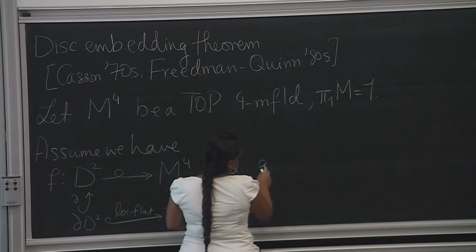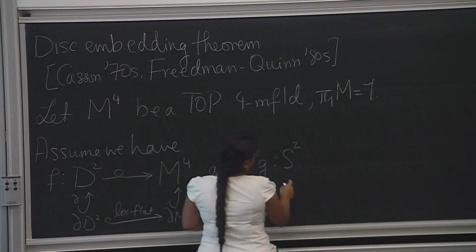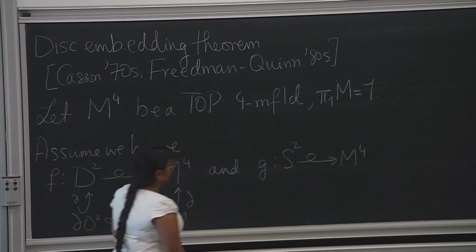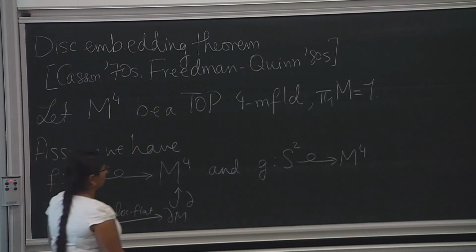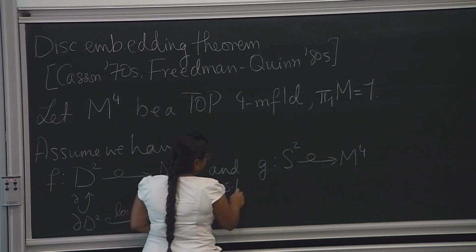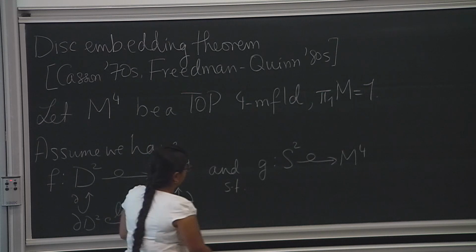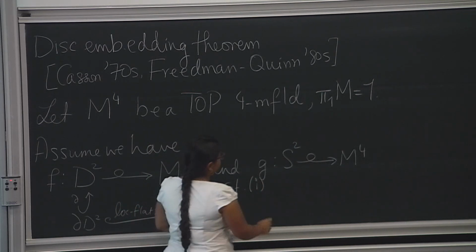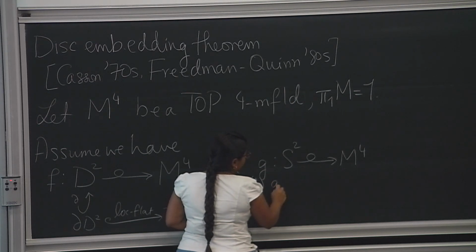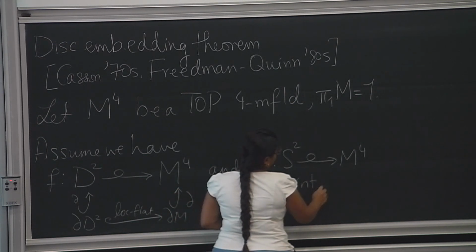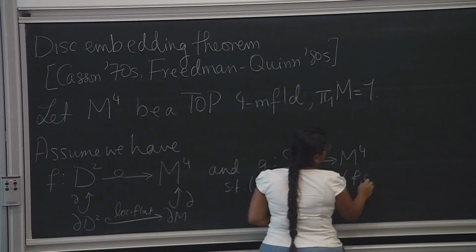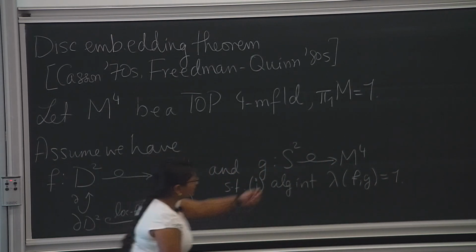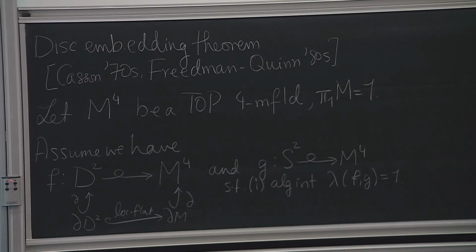So you also need a G, which is some S2, also mapping into M4, such that three things hold. The first is that the algebraic intersection between F and G is 1. So let me draw what I mean by this.